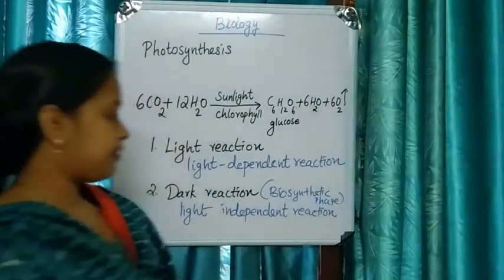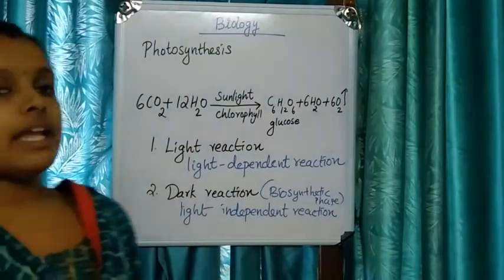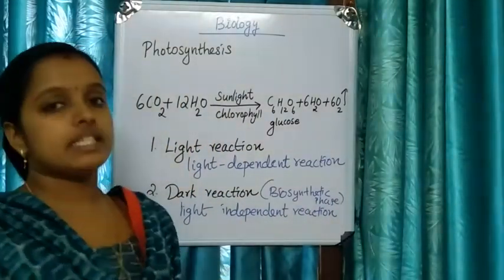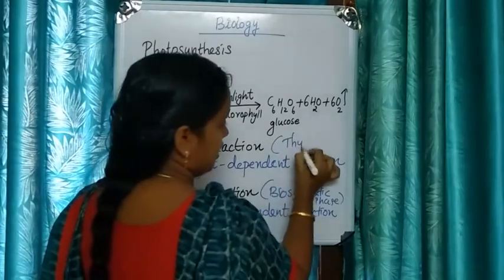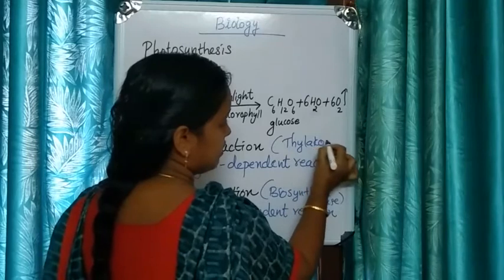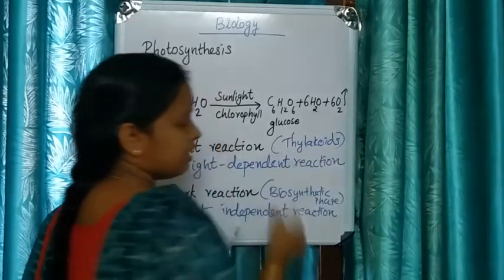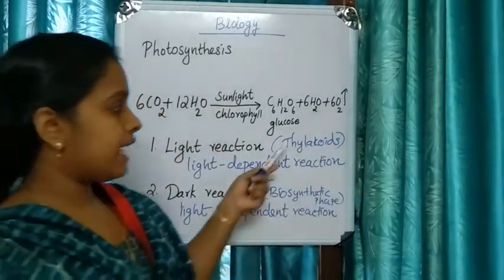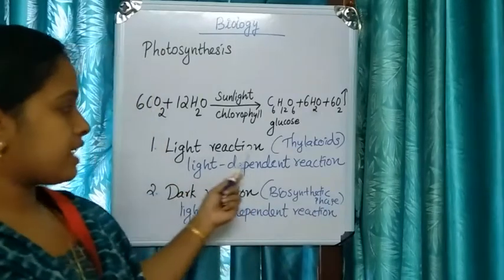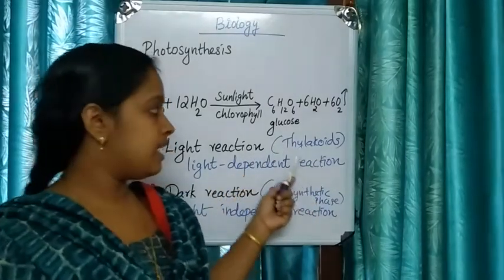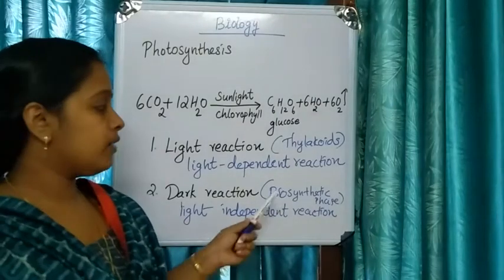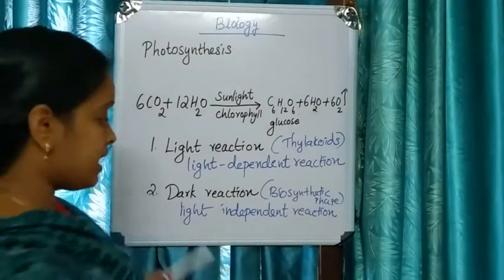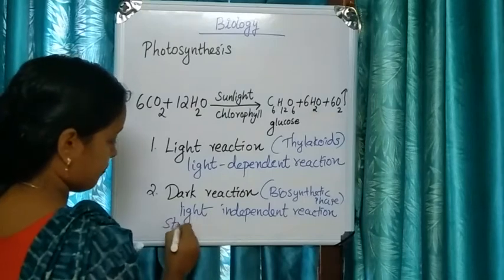This light reaction is taking place in thylakoids, that is in grana, and the dark reaction or biosynthetic phase is taking place in stroma.